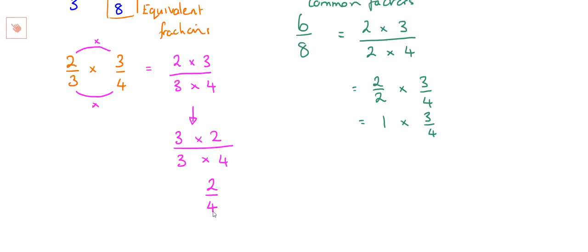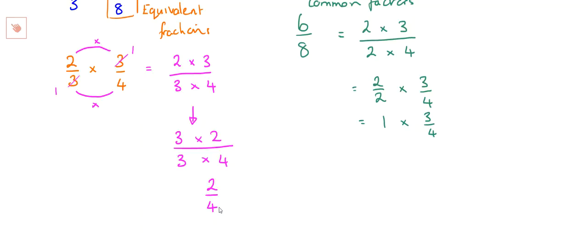Now, what you may notice is, oh, before I multiply, why don't I cancel this 3 with this 3? Cross cancelling. So I can cancel the 3 and the 3 and it becomes a 1 and a 1, which is what happened here. It becomes a 1 over a 1, or 1. And then actually I do 2 times 1 and 1 times 4, which is 2 over 4.